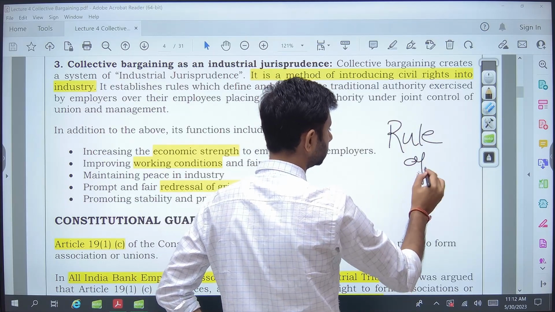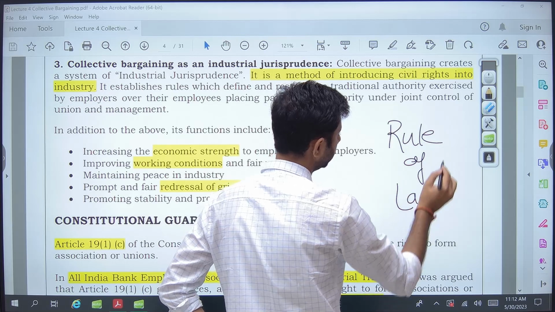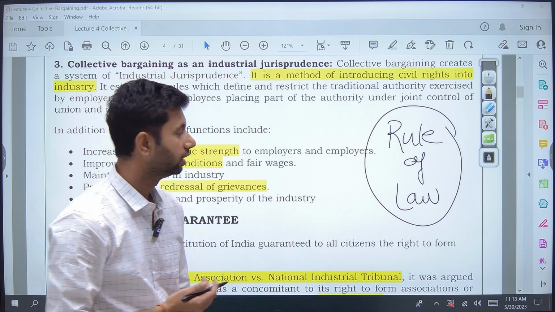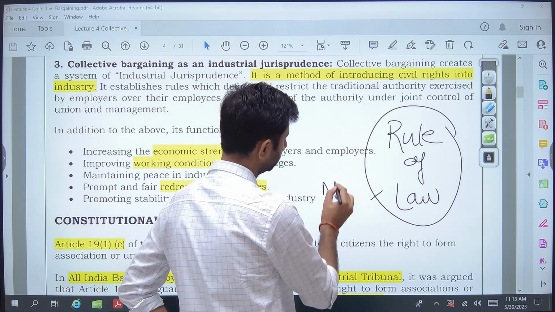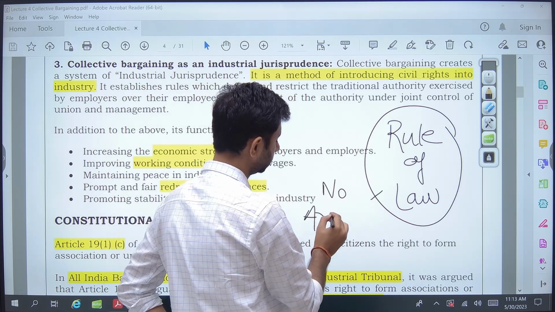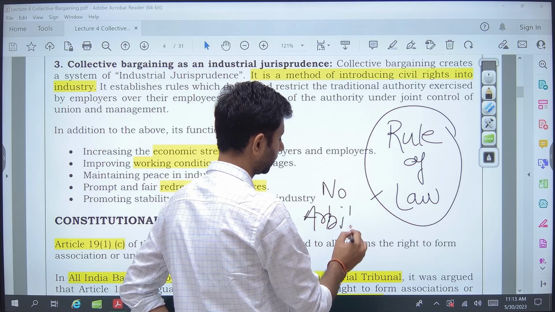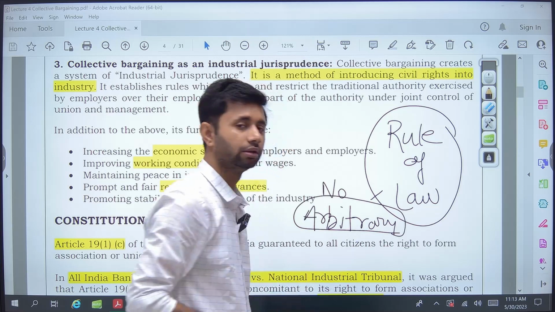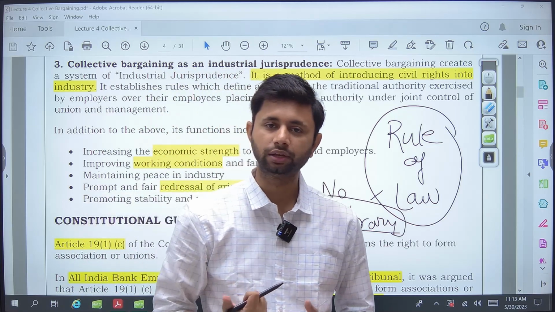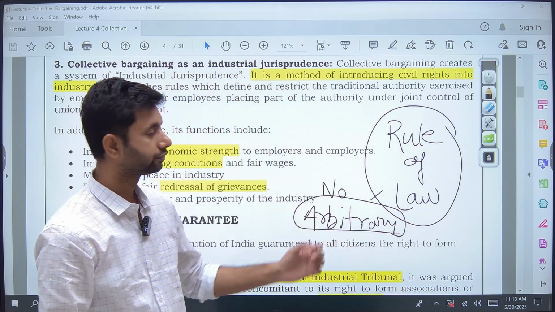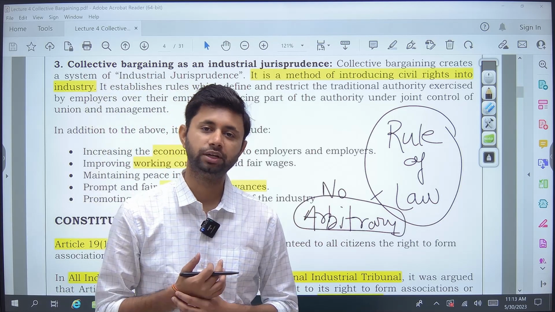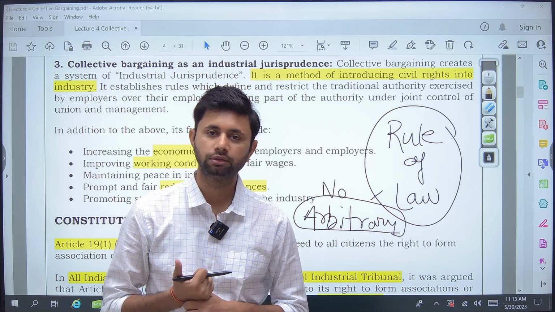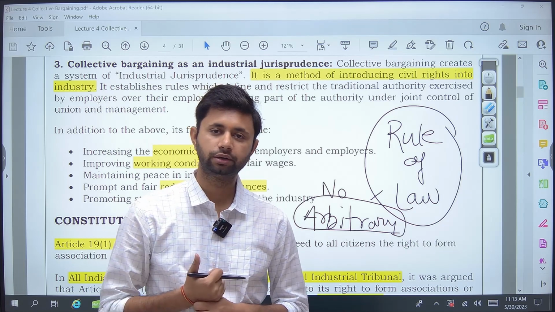This was rule of law. In polity, you must have learnt about this, that there will be no arbitrary, means without thinking, discretionary, decisions taken by both parties, neither by employers, neither by trade unions.